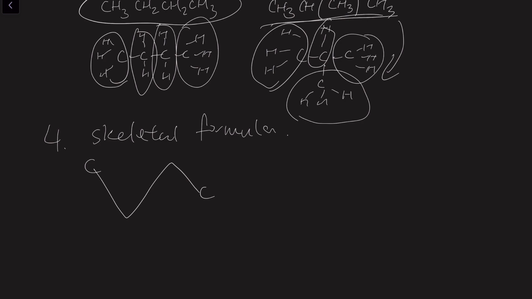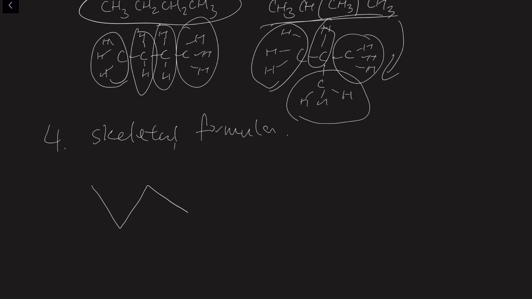And for each of these turning points, you also have a carbon. And for the carbon, you just use the hydrogen to fill in the gap. So this skeletal formula is really useful when you have a very long chain. So if you have 20 carbons, it's very easy to draw the skeletal formula.